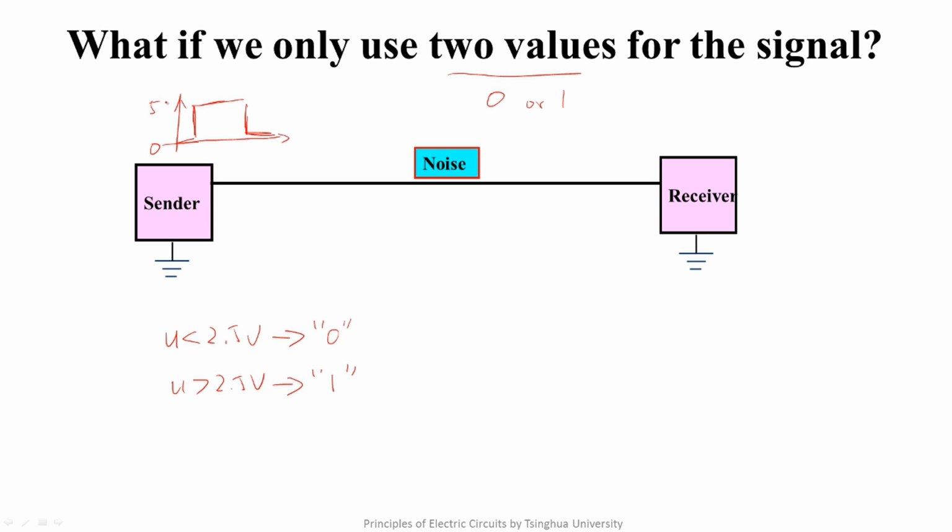The sent value is 0 here, 1 here, and 0 here. Because of the existence of the noise, the received signal is distorted like this.